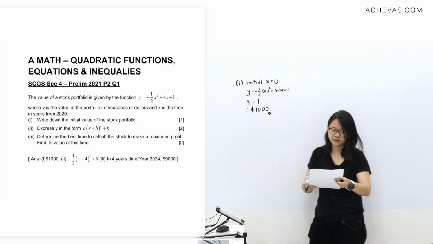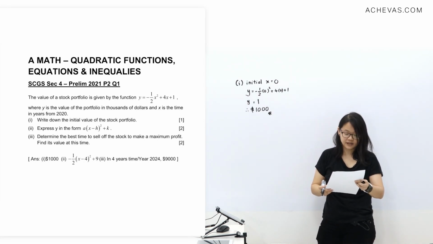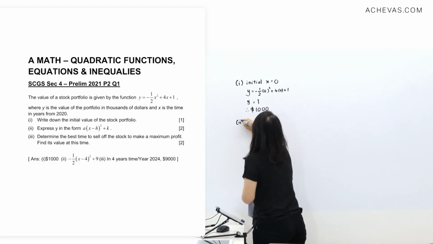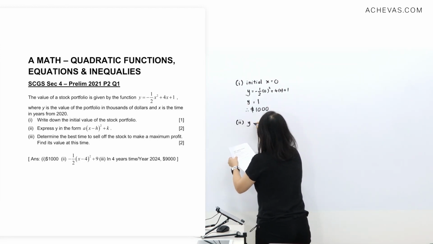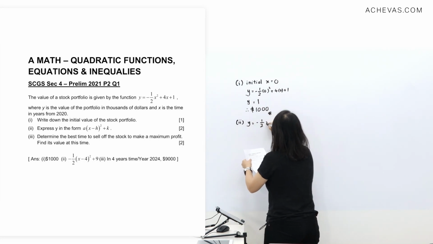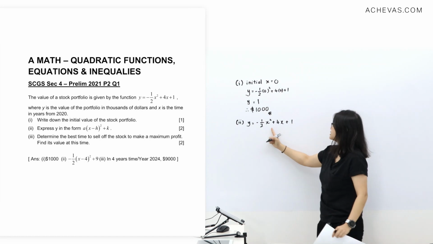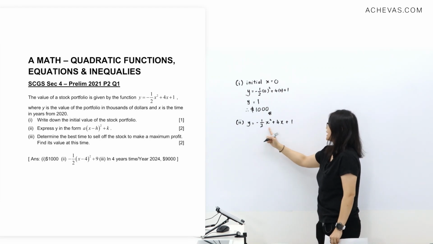Second, we have to express y in the form a(x - h)² + k, which we all know is completing the square, right? Okay, so let's go to question 2. I'm going to write again. Same thing, we'll see here that it is not a nice number.